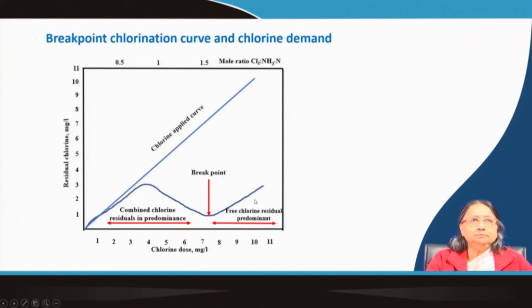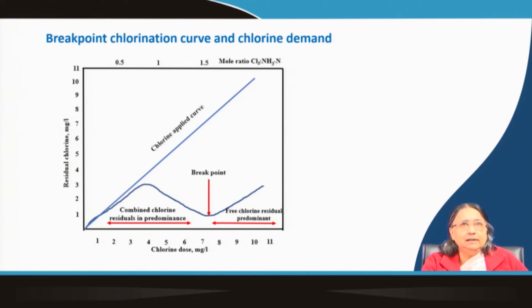You have to apply at least up to this point, and then a little extra, so that some free chlorine residual remains in the water, which takes care of killing the microorganisms, that means the disinfection.